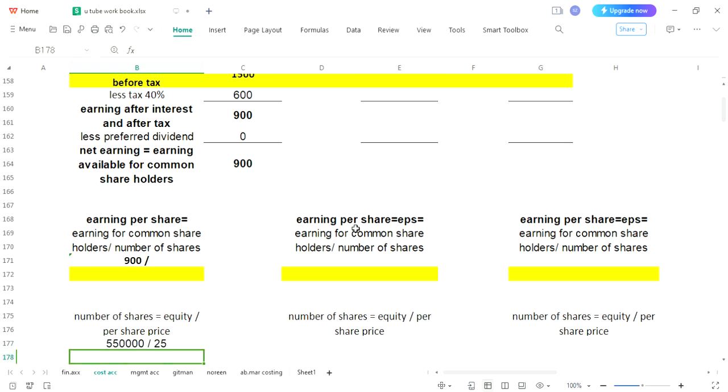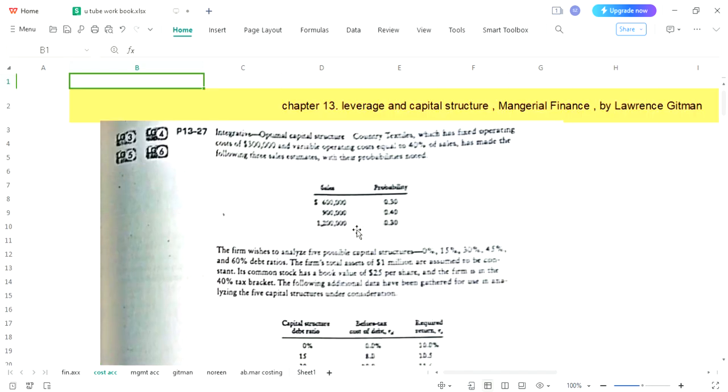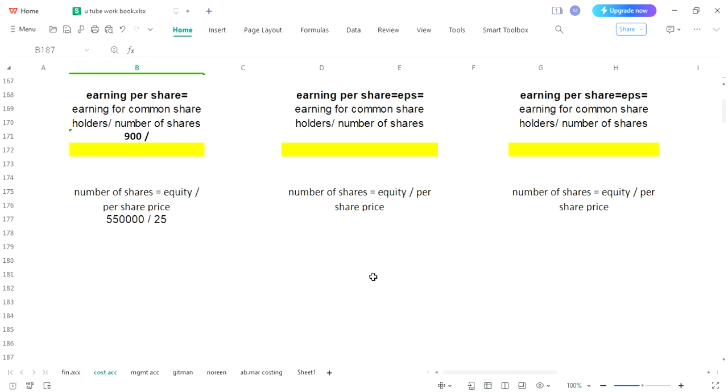It is given in your question, and as usual I will let you see, the 25 per share price was given in your question. Statement is completed. Now you can put it on your calculators. So we have got our number of shares, 22,000. Per share price was 25, and that was used to calculate your number of shares.